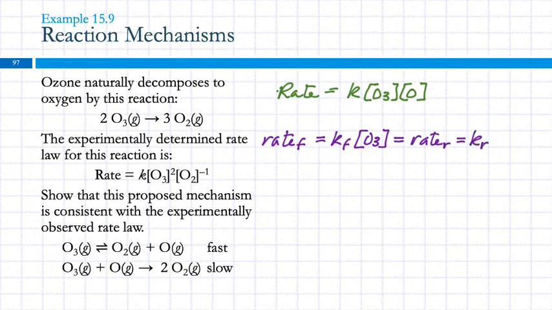So that's some other rate constant, and taking this in reverse, we've got O2 and O. Everybody okay with that? The definition of an equilibrium is that the forward reaction is equal in rate to the reverse reaction.